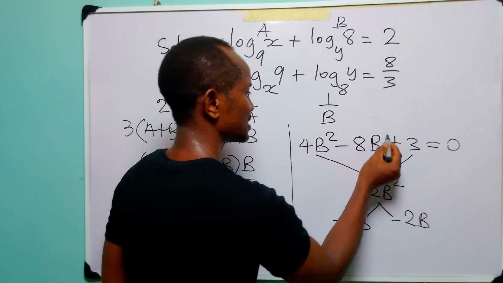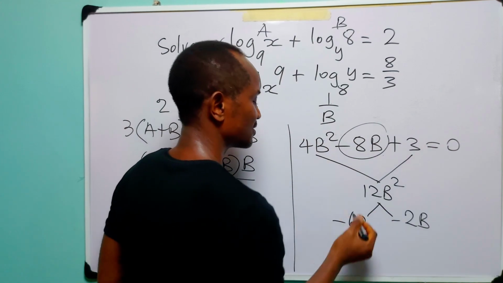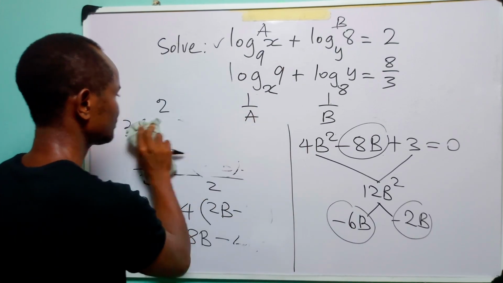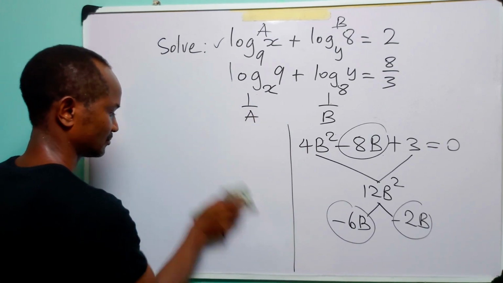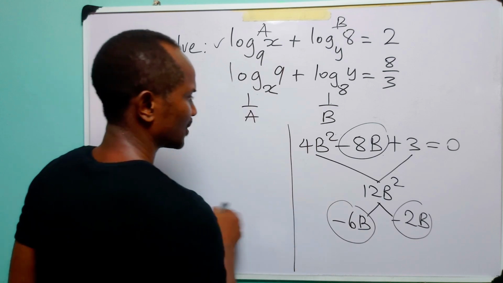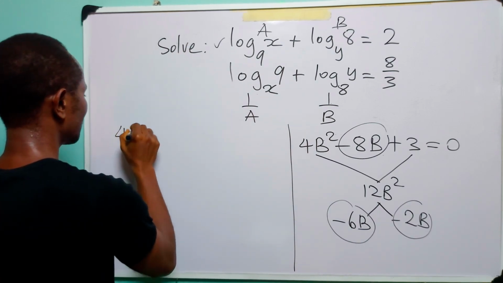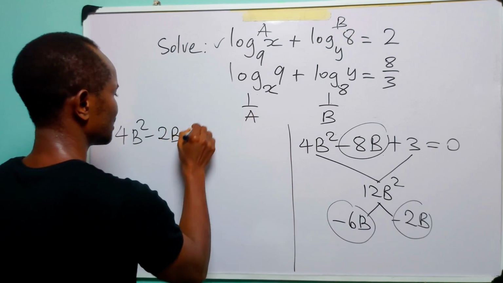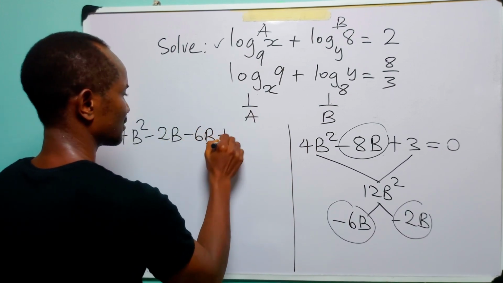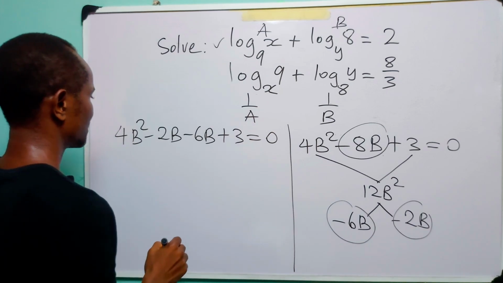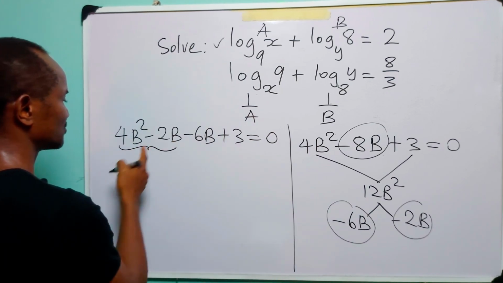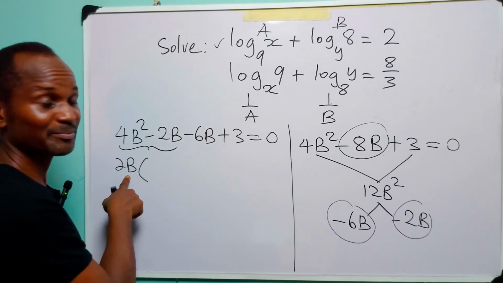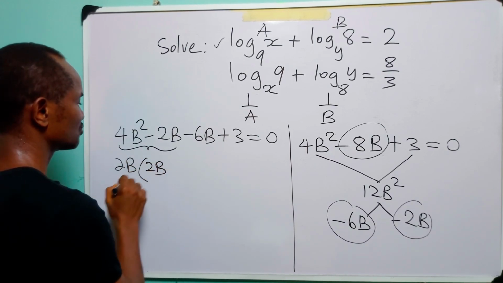So the next thing we do is to replace this quantity in this equation with these two quantities. And when we do that, we have 4b squared minus 2b minus 6b plus 3 is equal to 0. We can divide these two by 2b. So we have 2b. 4b squared divided by 2b is 2b.